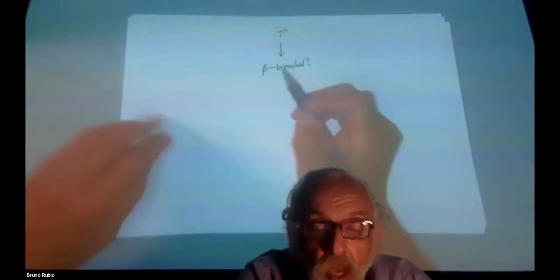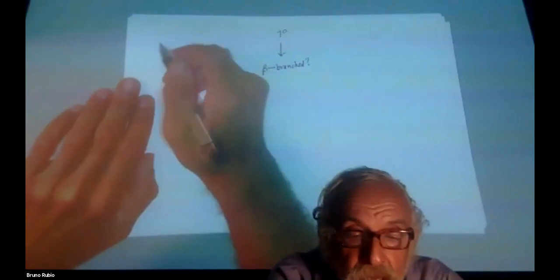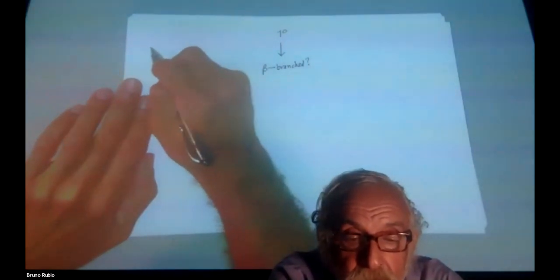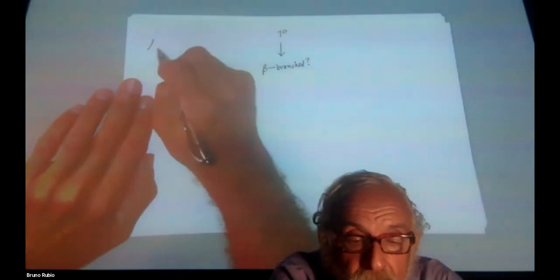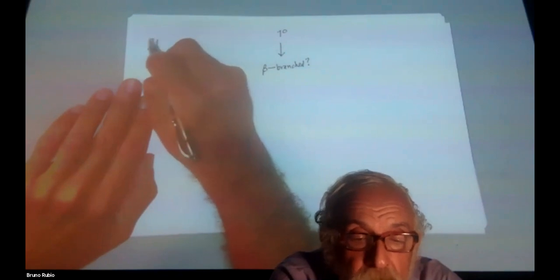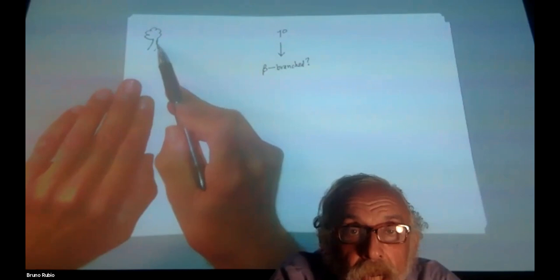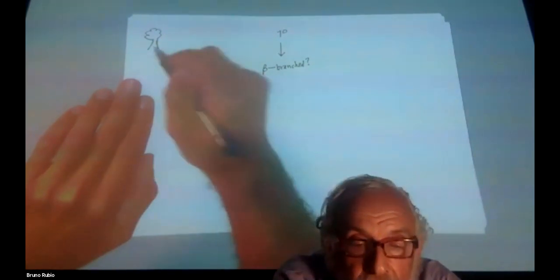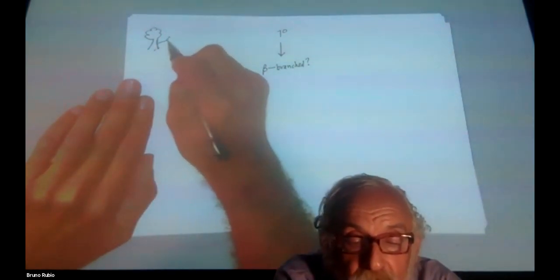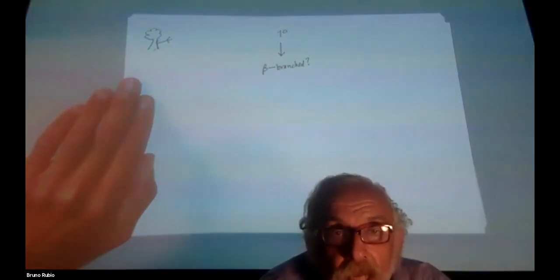Is it a beta branched primary? Now what beta branching means is, we'll draw a naive little picture of a tree. This is the trunk of the tree, and here's a branch. Trunk and branch.